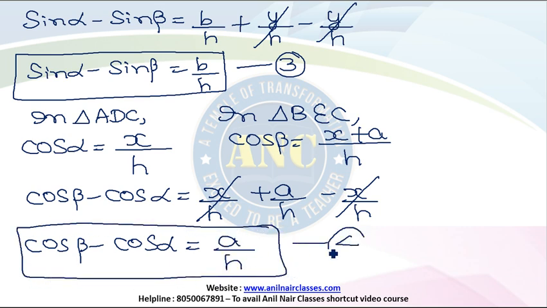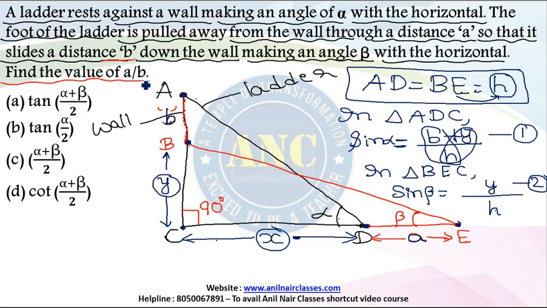Sir, how are you getting to know that we should take sine minus sine, cos minus cos? Simple logic, sir. What is it that we need to find finally?